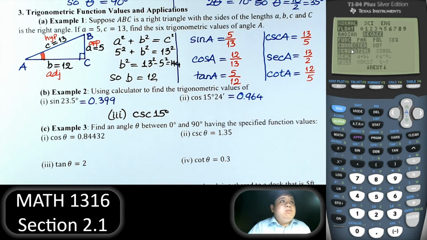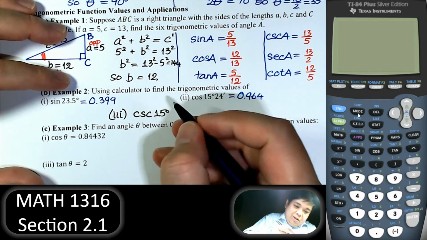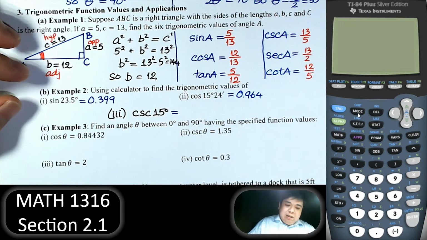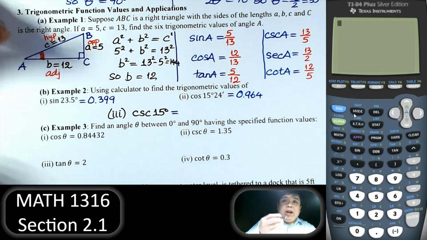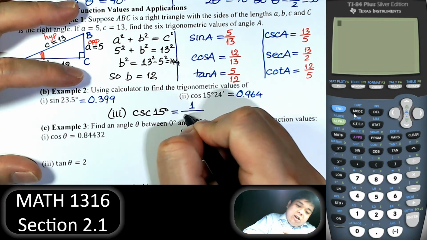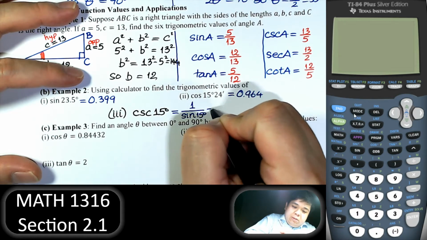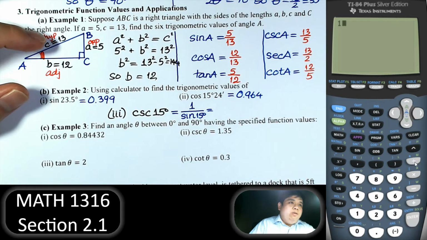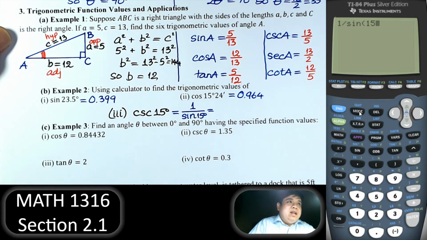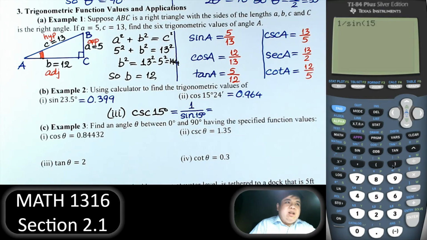First of all, it must be in the degree mode, the correct mode. And we cannot type cosecant, but we can type the reciprocal. So cosecant is 1 over sine. So just say 1 over sine of 15 degrees. Like I said, if it is in degree mode, it's perfectly fine, but I just type sine of 15. Don't even need to write the unit.